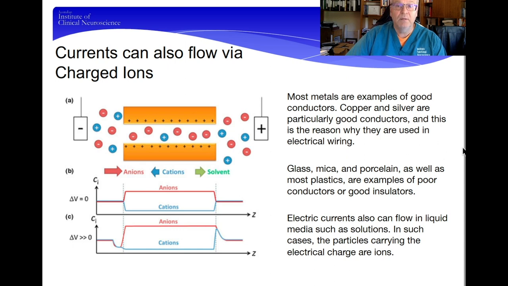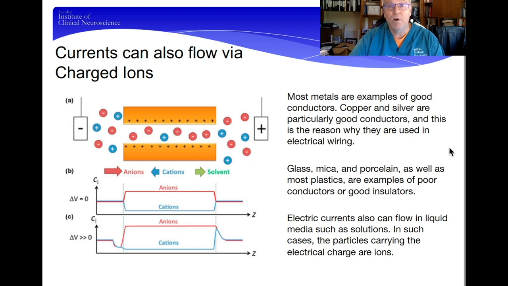Now, the other interesting thing that we need to talk about is how conductance happens inside our body or inside our brain. Most metals are examples of good conductors, like copper and silver, and these are the things that we use inside wire.